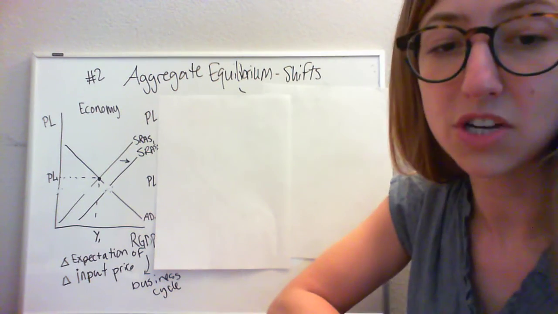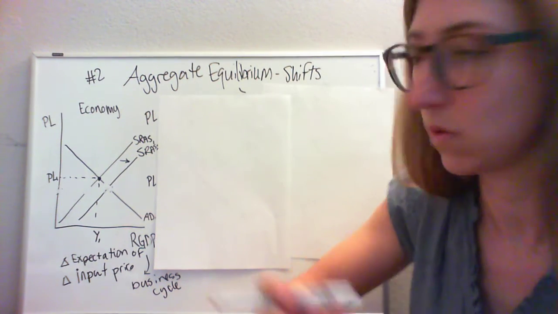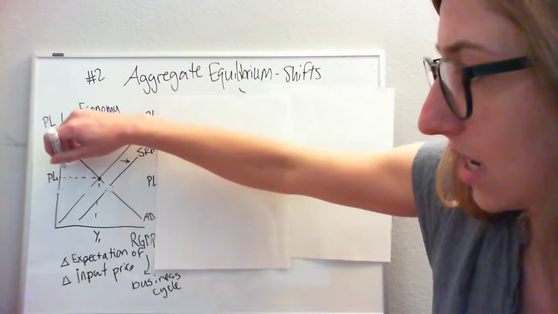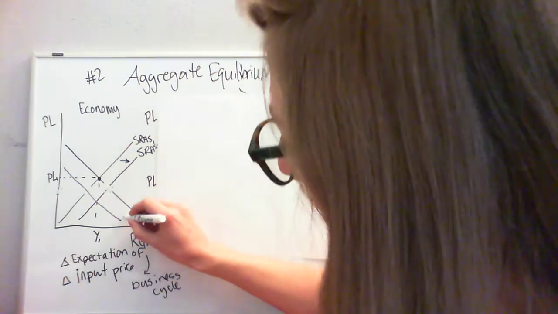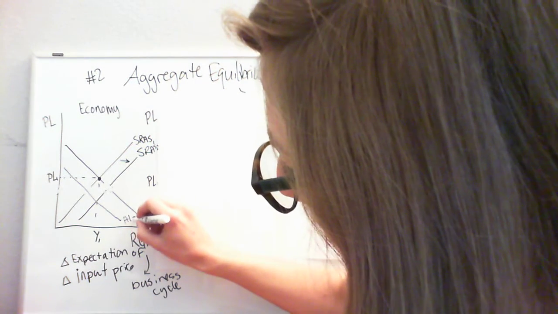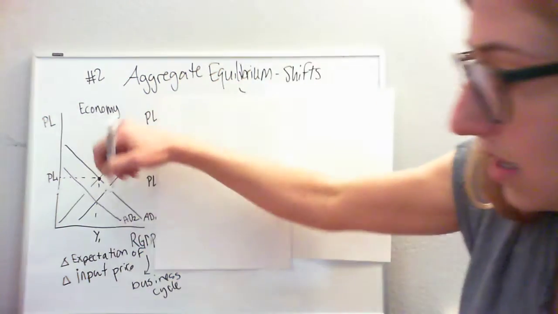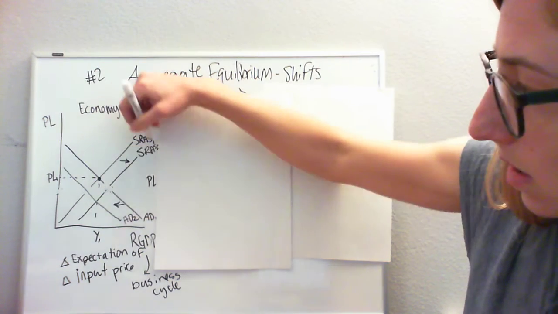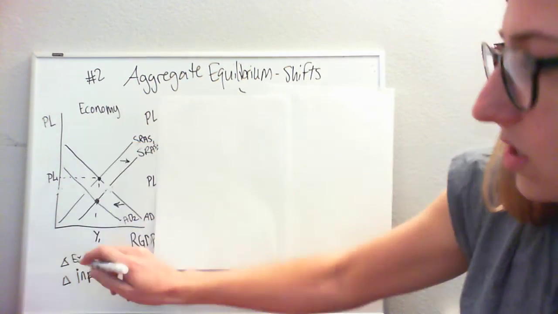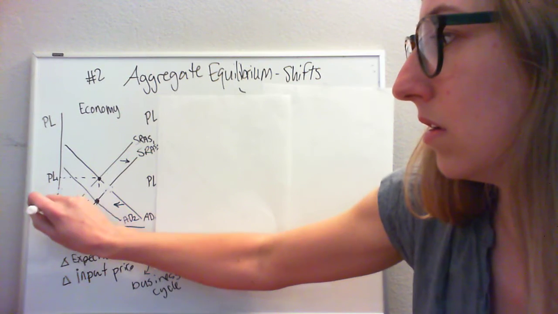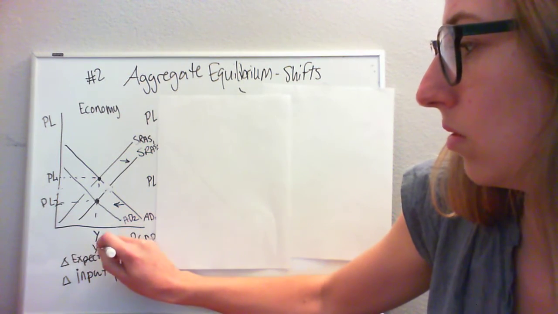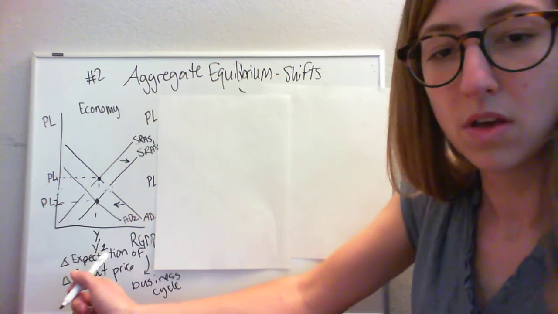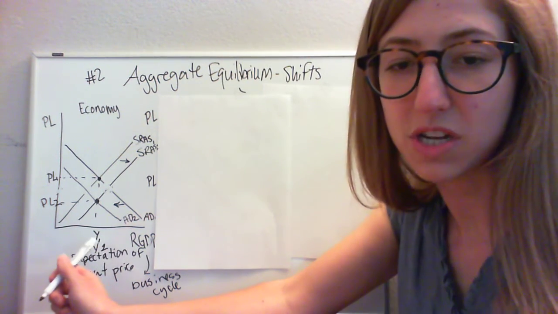People expect a recession, so they save more today because they're worried about losing their jobs. AD2, arrow in. So we have SRAS2, AD2, PL2, Y2.